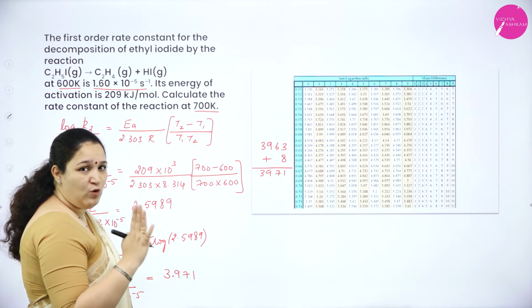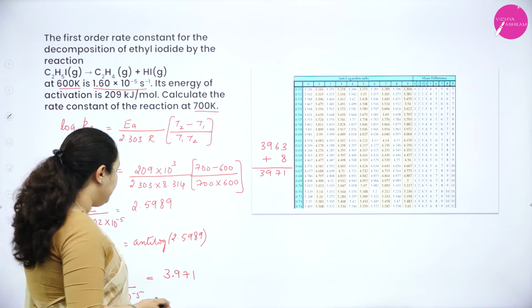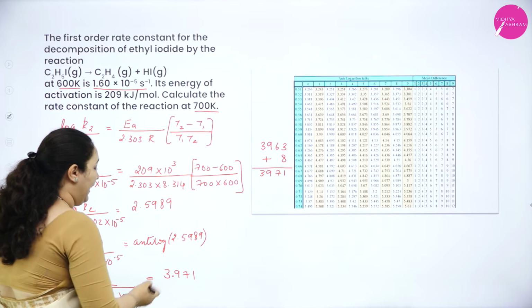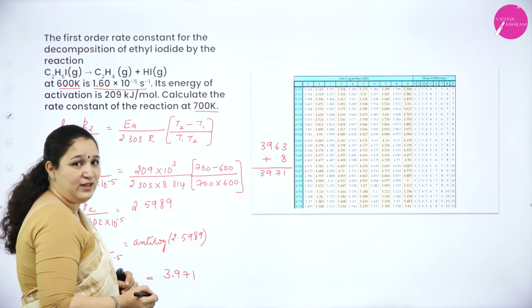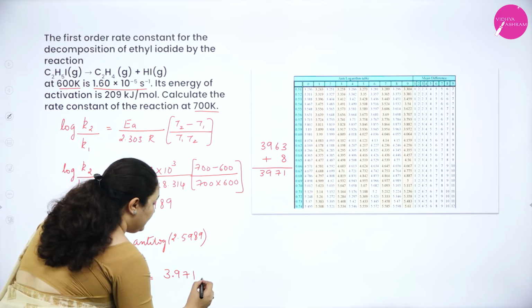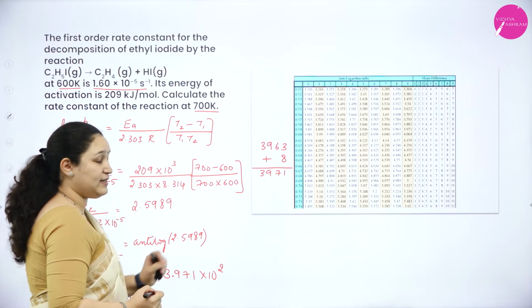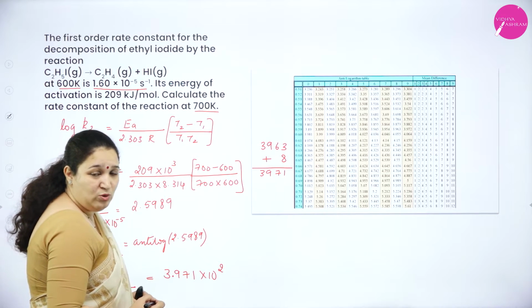When you get those 4 numbers from the antilog table, after the first number you are supposed to put a decimal point, and whatever number is before the decimal point when you saw the antilog value goes as the power of 10. So it is 2 here, so it is 10 to the power 2. So this is the antilog value.